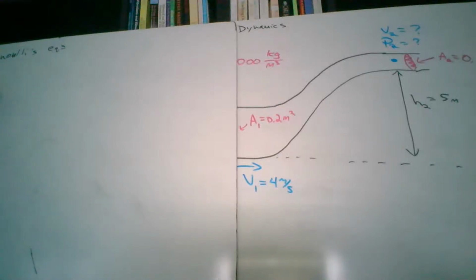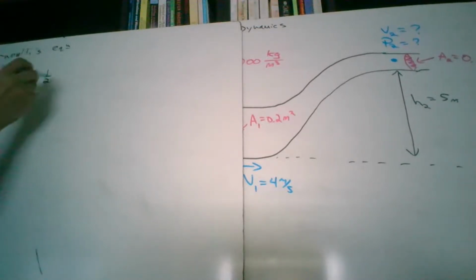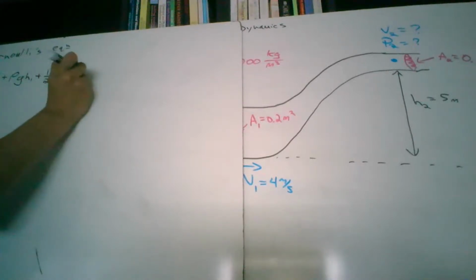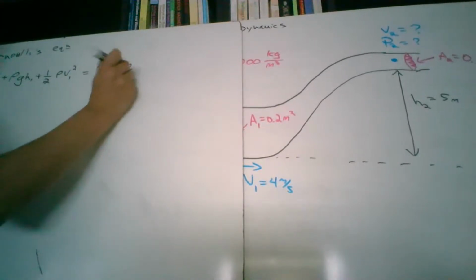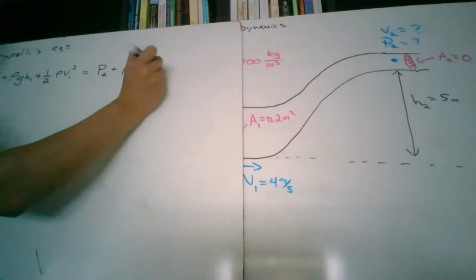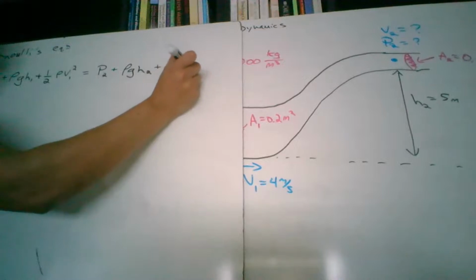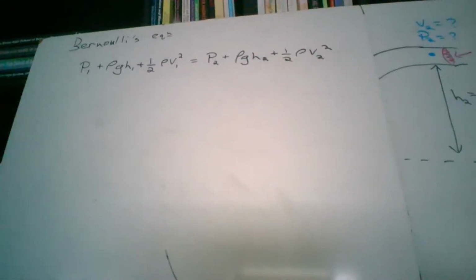So we've got P1 plus rho G H1 plus 1/2 rho V1 squared, and that's equal to P2 plus rho G H2 plus 1/2 rho V2 squared. So there's our Bernoulli equation. And what we want to do is solve for V2 and P2.